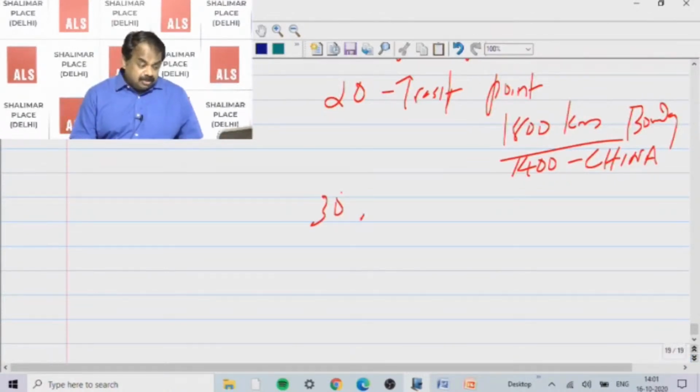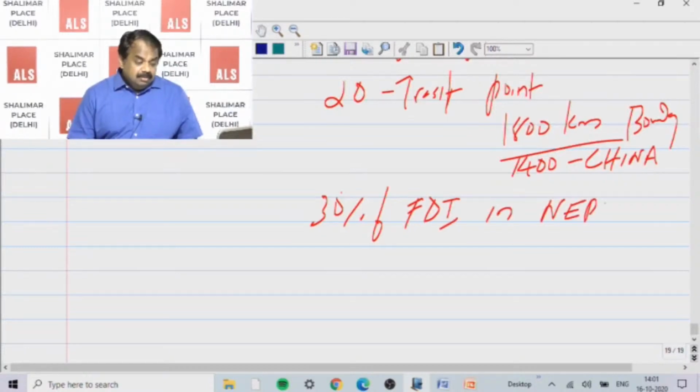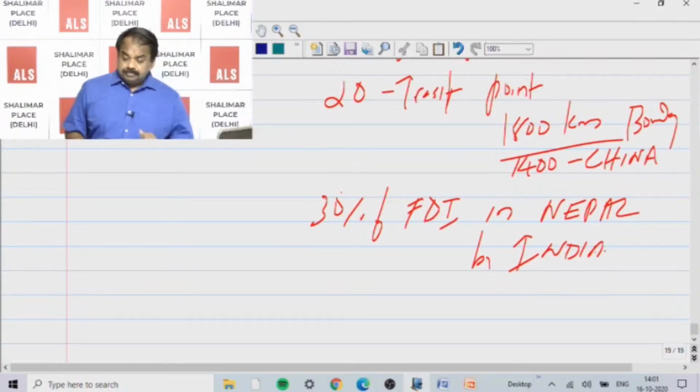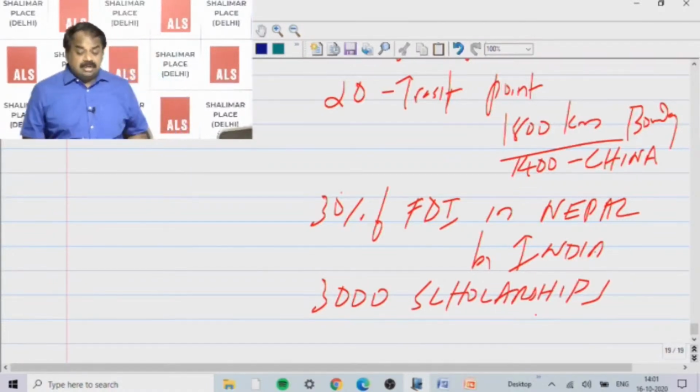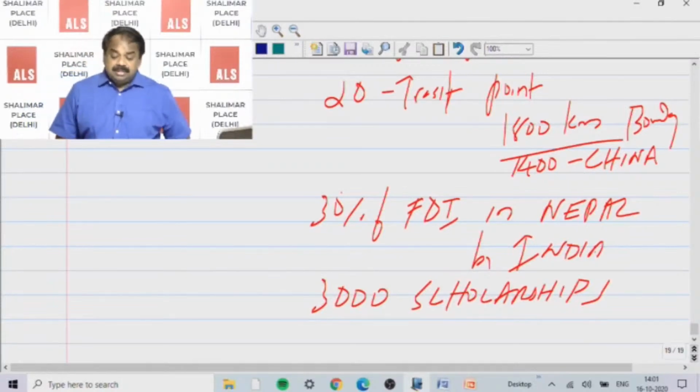And the Government of India is providing almost 3000 scholarships for Nepali citizens in India at higher education, PhD, masters, bachelors, at all levels. More than 3000 scholarships are provided.